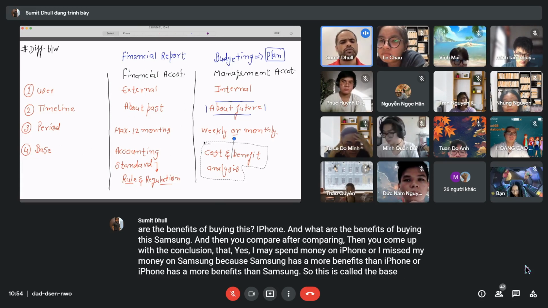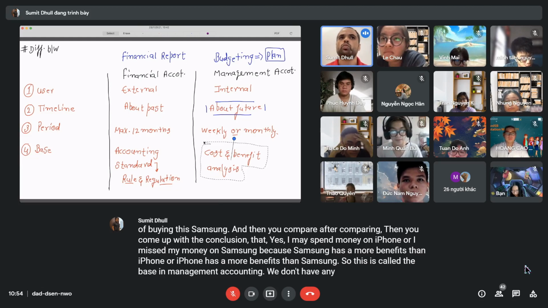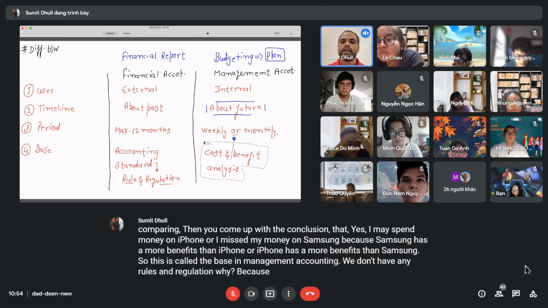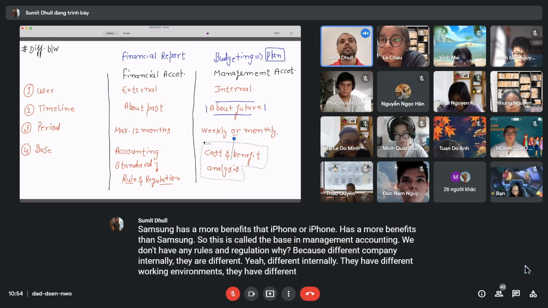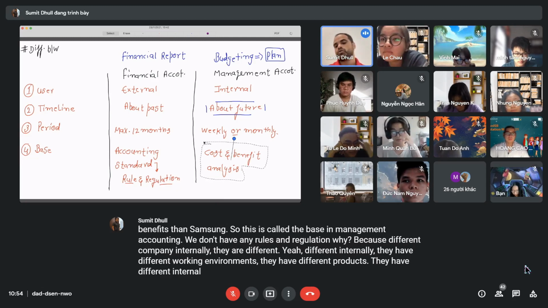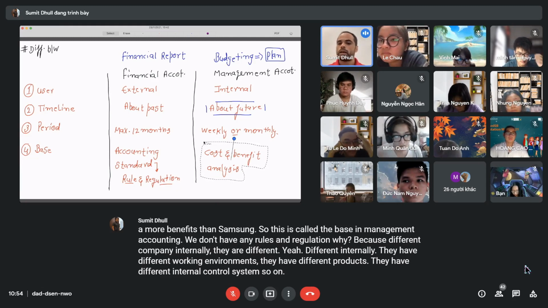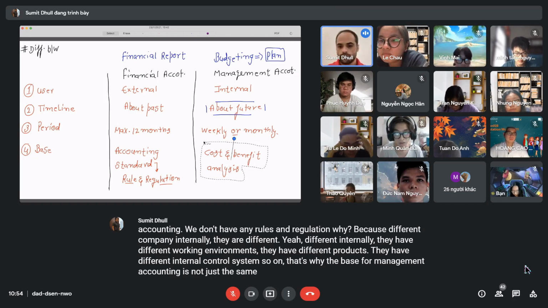In management accounting, we don't have any rules and regulation. Why? Because different companies internally are different. They have different working environments. They have different products. They have different internal control systems, and so on. That's why the base for management accounting is not just the same for everybody.